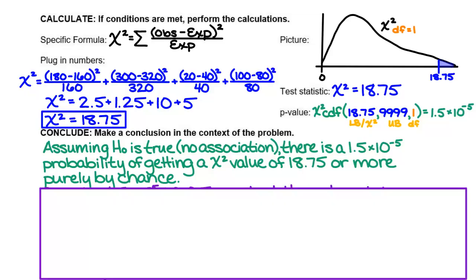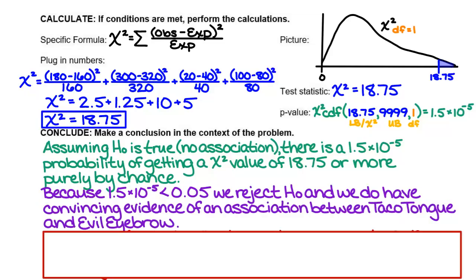So do we reject or fail to reject? We reject. Because 1.5 times 10 to the negative fifth is less than 0.05, we reject the null, and we do have convincing evidence of an association between taco tongue and evil eyebrow.